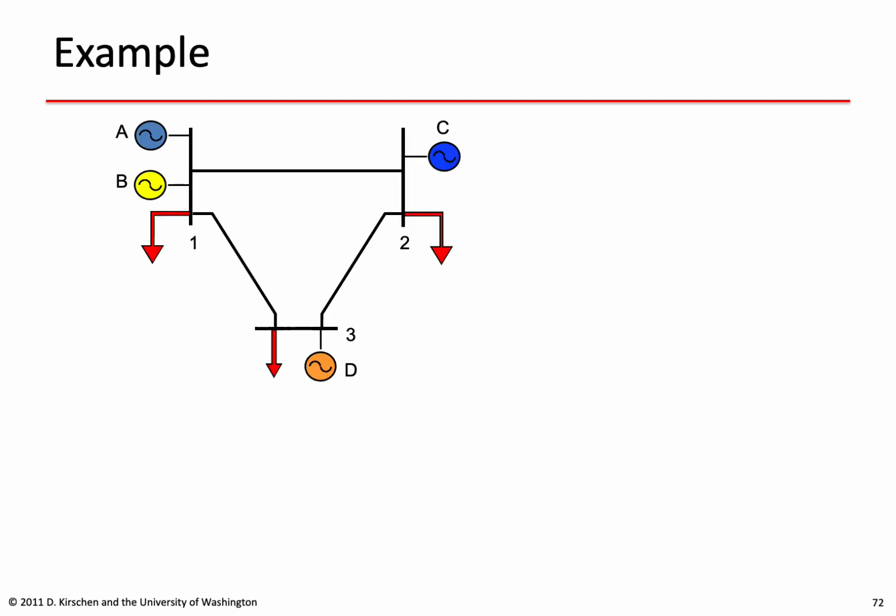To take an example of how this might work, let's go back to our 3-bus example under the conditions that we considered. As you may recall, we found that generators A and D were marginal, so we have marginal generators at buses 1 and 3.